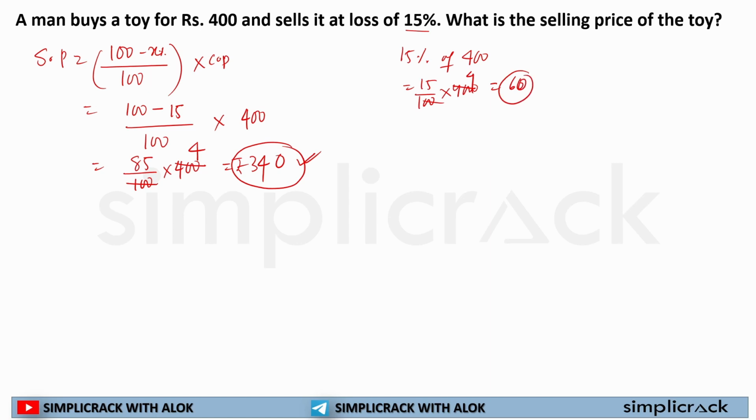So I have to deduct 60. 400 minus 60 is equal to 340. So you can do it this way as well. So 60 is the loss amount. So you can do it in both ways. Whichever way you find it easy, you can do it that way. You just need to understand how you are comparing cost price to cost price, selling price to selling price. Okay.